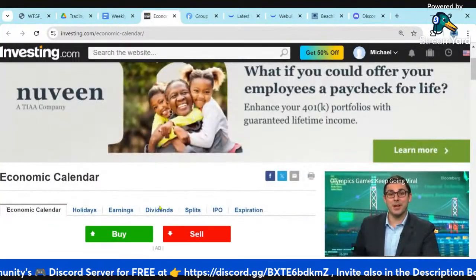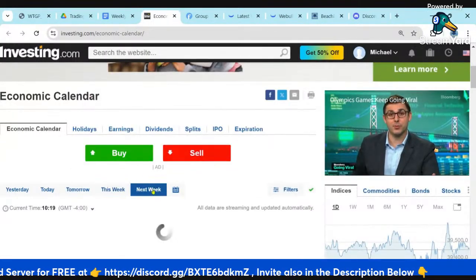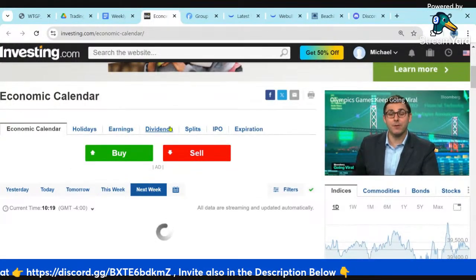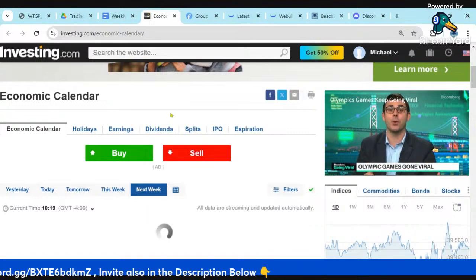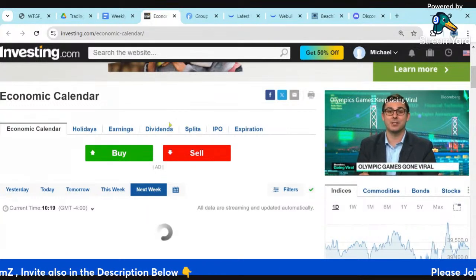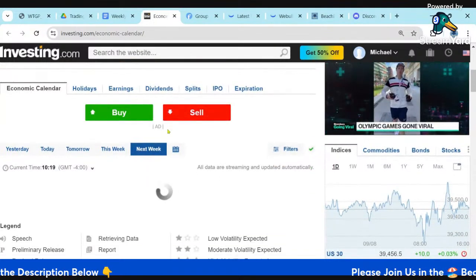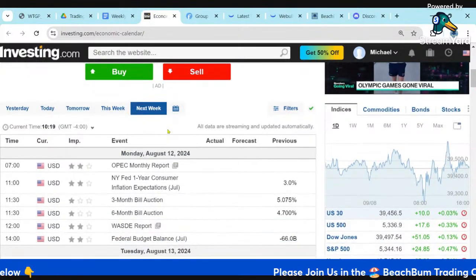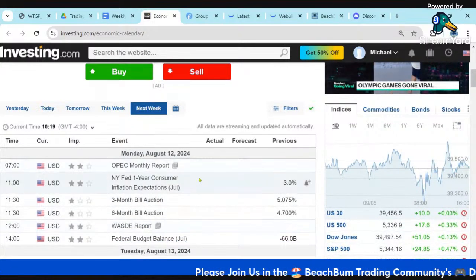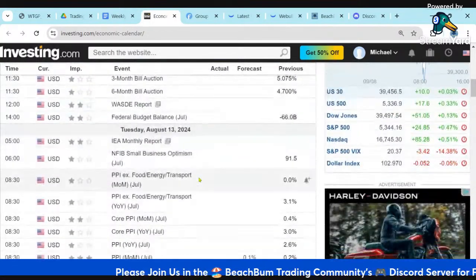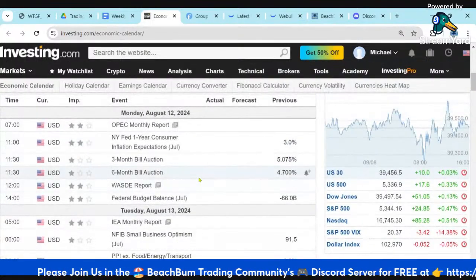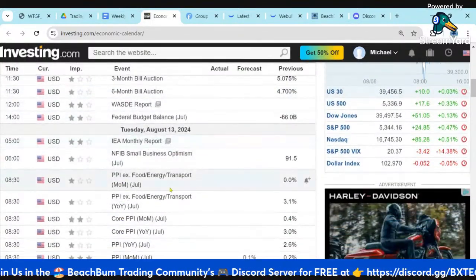Look at the rest of the calendar for next week. So again, not a lot Monday, some bond auctions, got an OPEC report that might impact oil again.